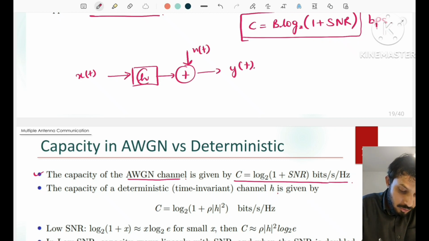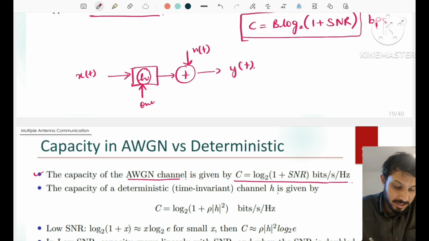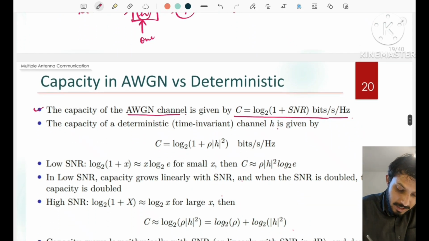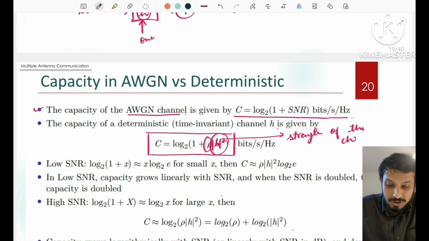If we consider h to be time invariant, then we have only one realization of the h over the channel because we have considered it to be time invariant. In this case, we can write capacity in the form C is equal to log2 of 1 plus rho mod of h square, where rho is the long-term SNR and mod of h square is the strength of the channel.